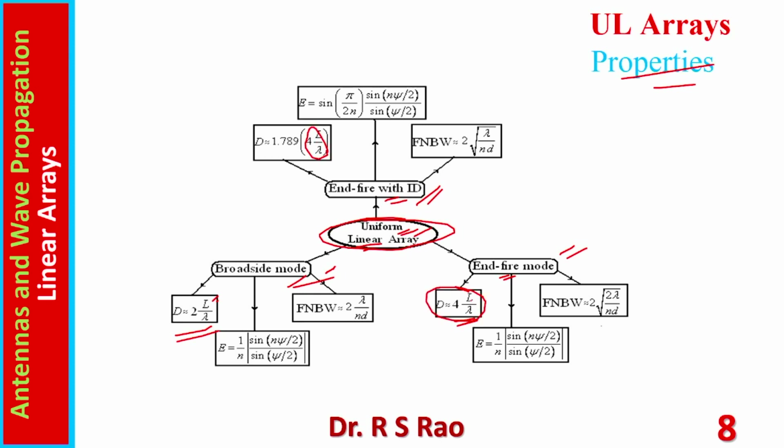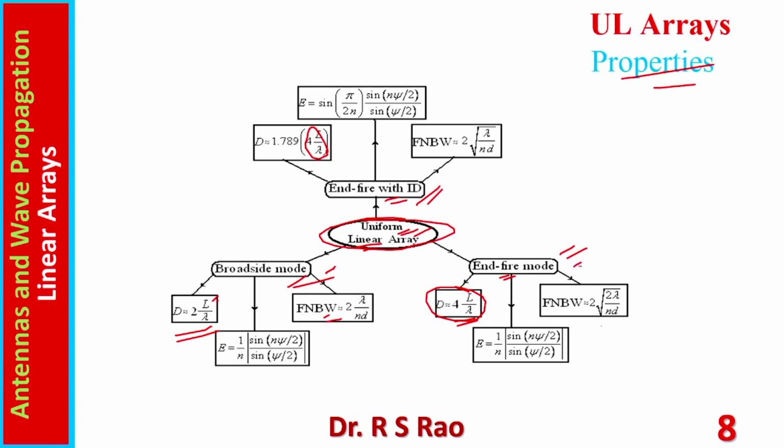So end fire mode gives more directivity than broadside. End fire with ID gives much more directivity than broadside and more directivity than ordinary end fire. When it comes to beam width, the first null beam width of broadside array is 2 times lambda by nd.